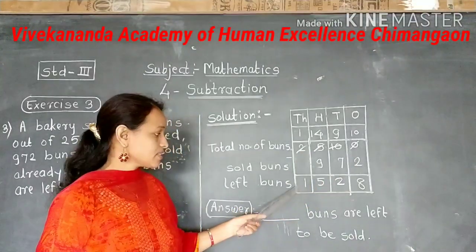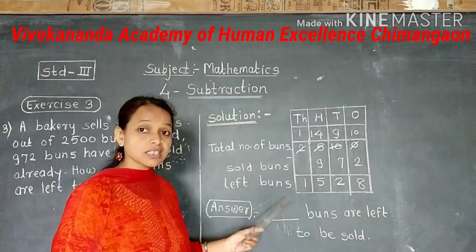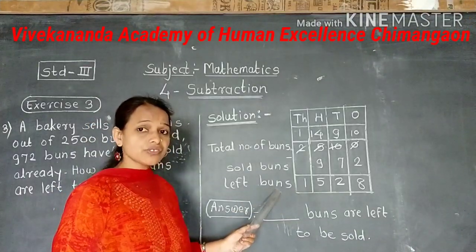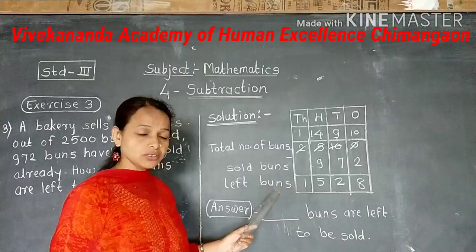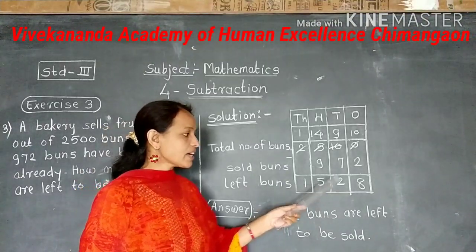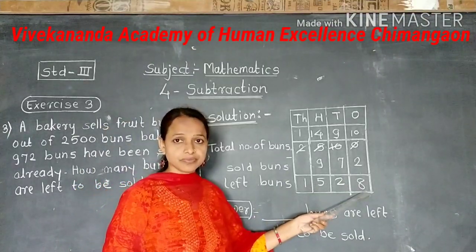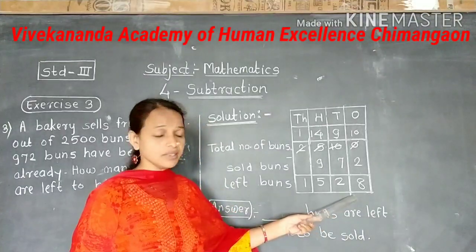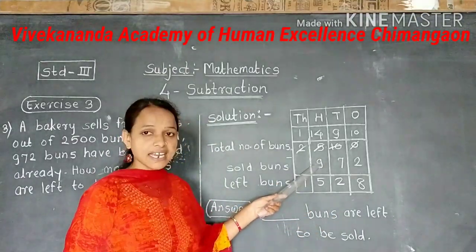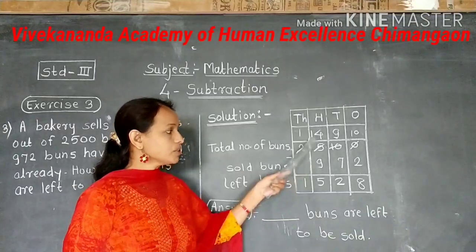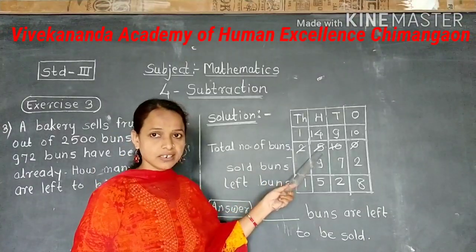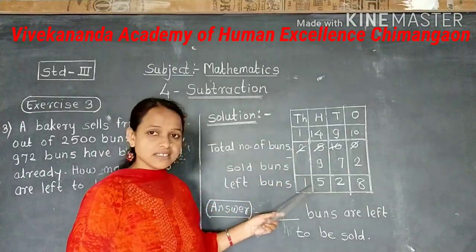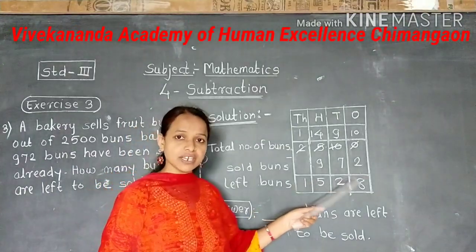And here we got the answer, means the number of left ones which have not been sold, 1528. How to get that answer? By subtracting 972 from 2500 we get the answer 1528.